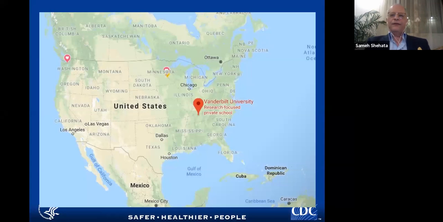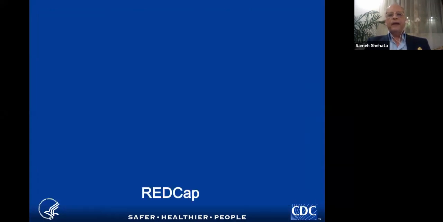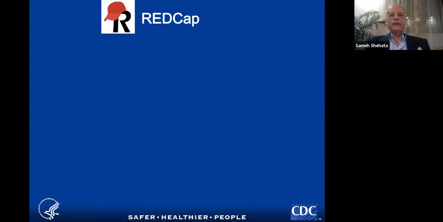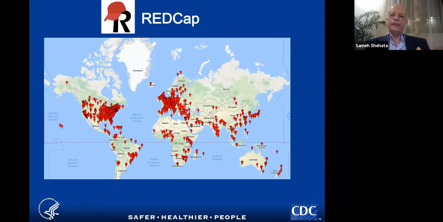Here is Vanderbilt University in the United States. And this is the logo, the icon for REDCap. And look here at how many institutes around the world are using REDCap at the moment. Right now, these are the centers around the world using and benefiting every day from REDCap.